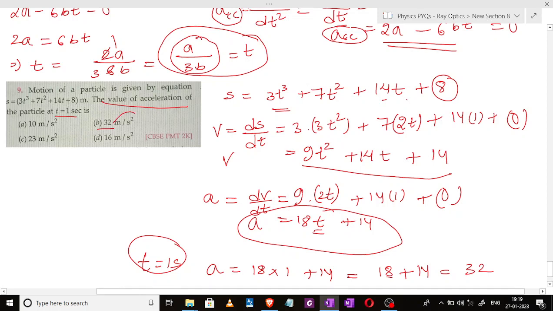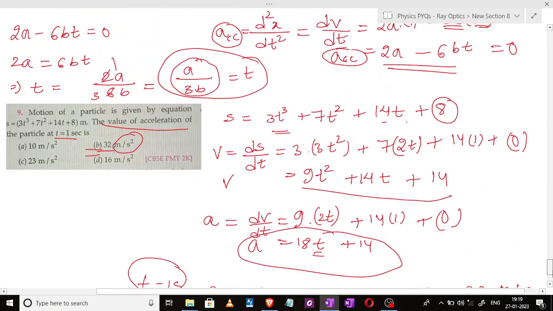The unit of this is meter per second square, right? So we have done it. It's very easy, right? So we get the value of acceleration at t is equal to 1 second as 32 meter per second square. Understood? Easy, not that difficult.